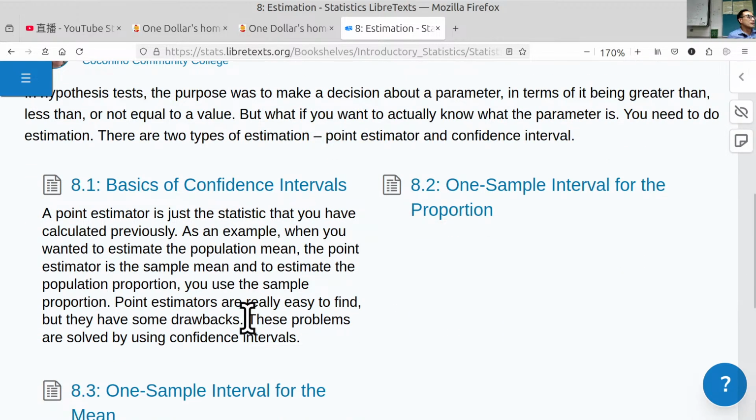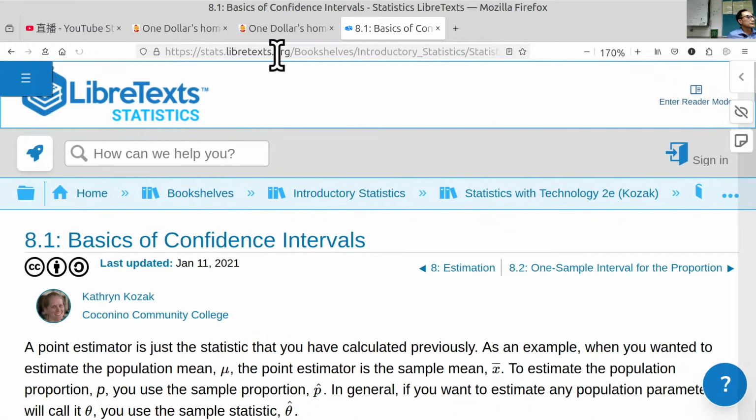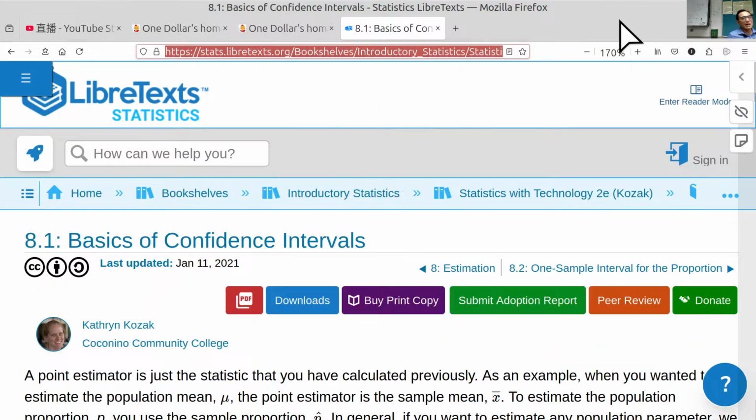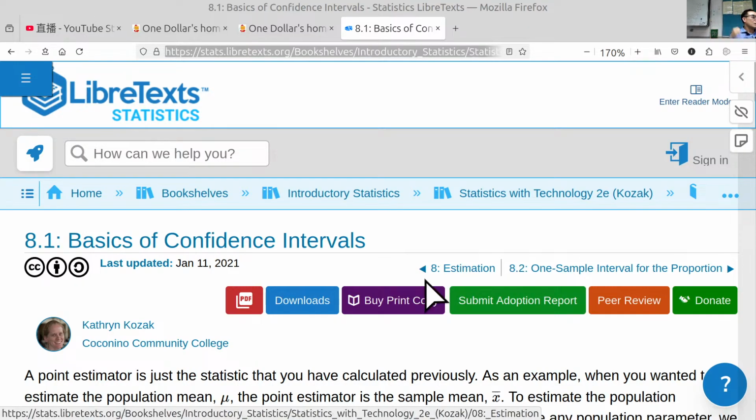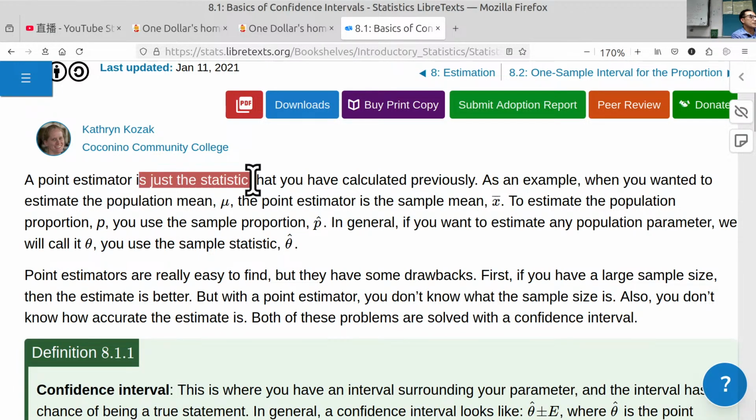Okay, first, chapter 8.1, basics of the confidence interval. Here, a point estimator is just the statistic that you have calculated previously.